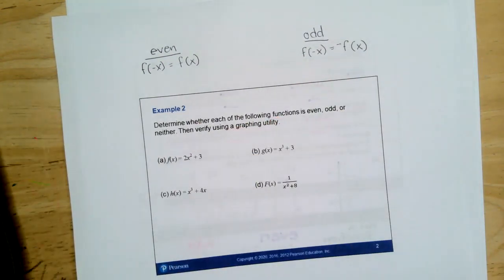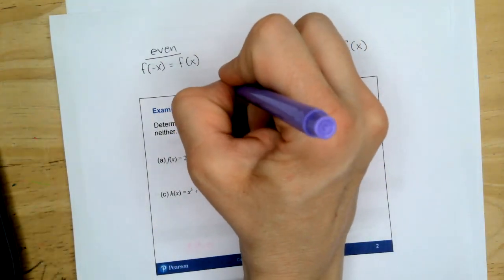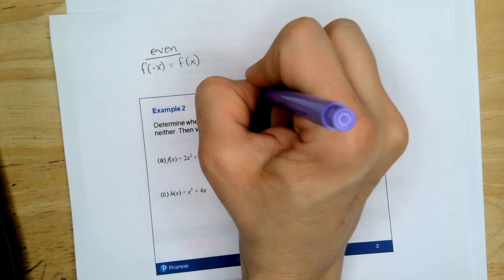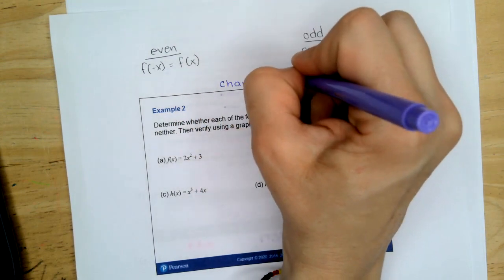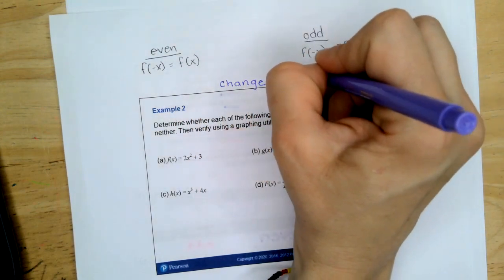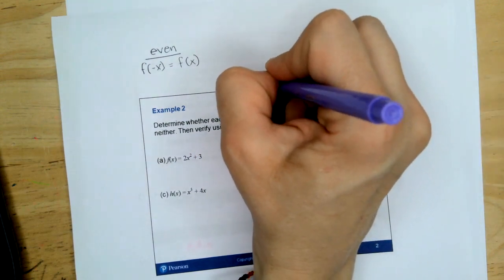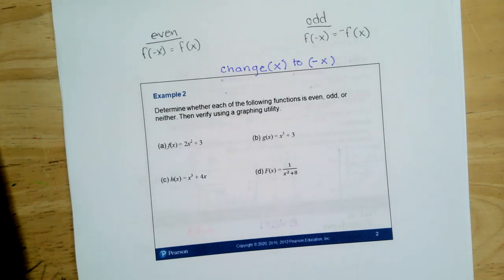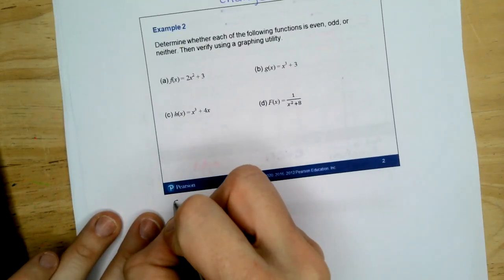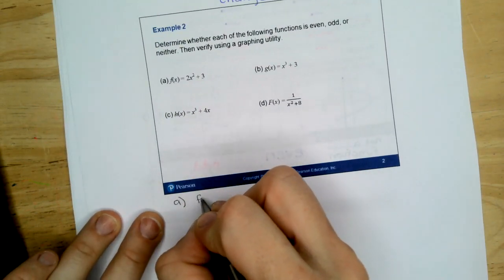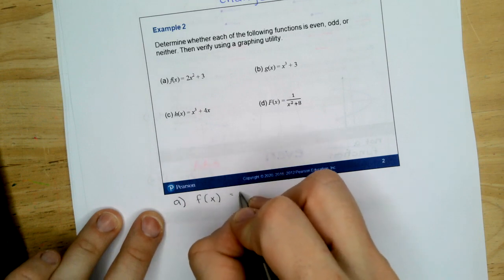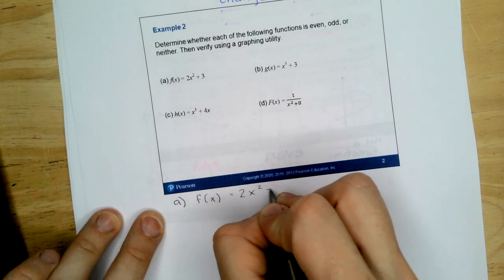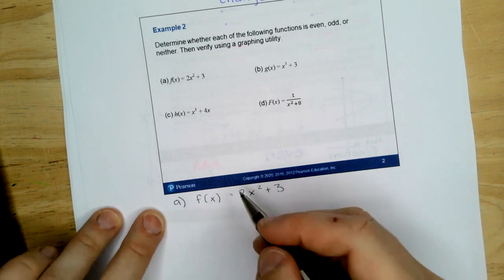And what I need to do is, for each example, change my x to -x. I'm even going to put parentheses around them. Change x to -x. Good? A is f of x equals 2x squared plus 3. What do I need to do?